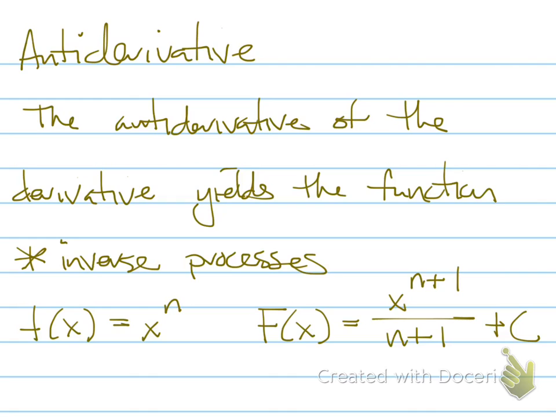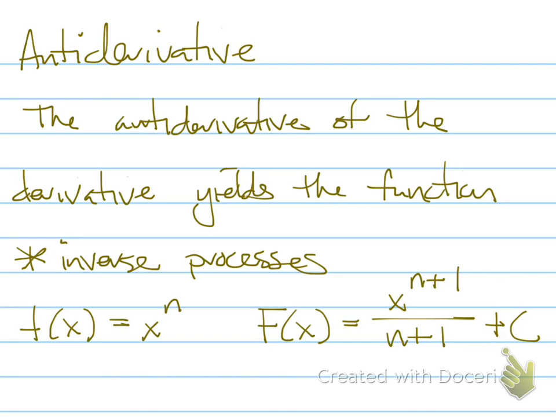The derivative of the antiderivative yields the function. They're inverse processes. So to find the antiderivative of a function, we're going to be doing the opposite of the derivative. So we're going to add 1 to the exponent and then divide that term by that new exponent once we've added the 1.